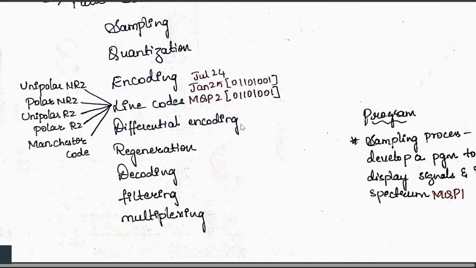Mainly, you also have to read the lab program on the sampling process. You have to develop a program to display the signals and its spectrum. So let's get started.